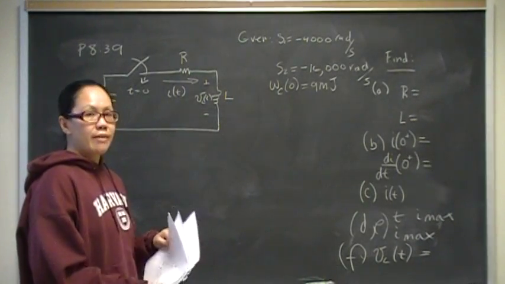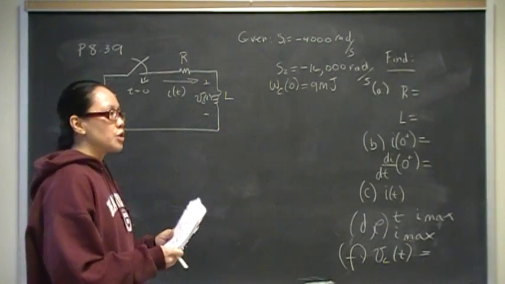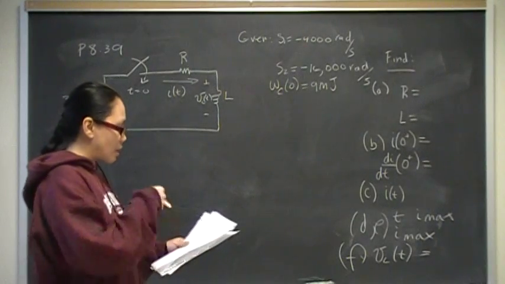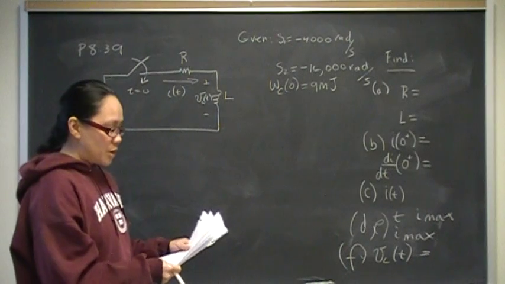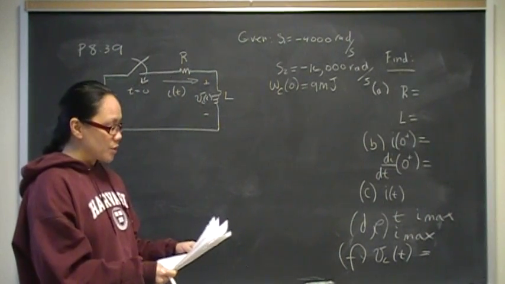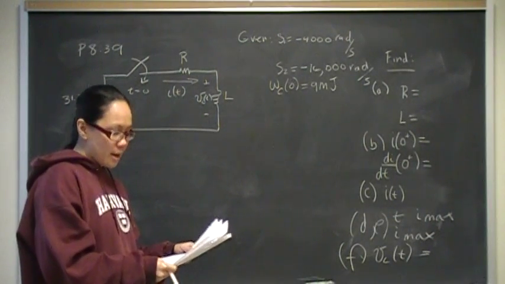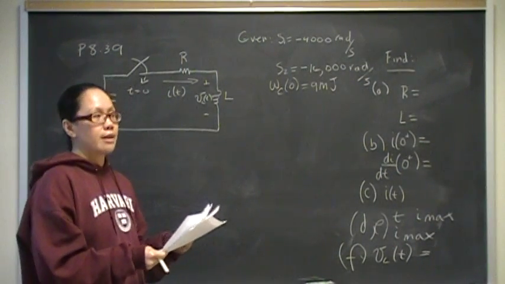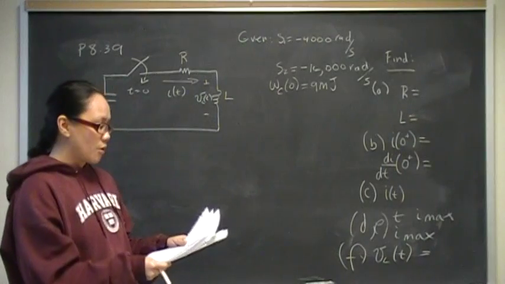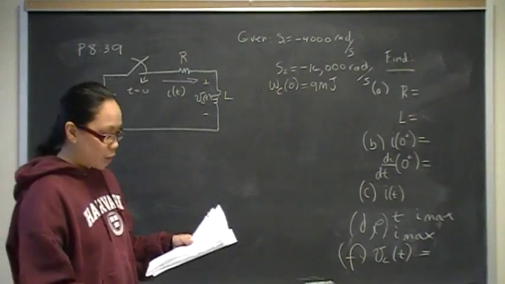There's a nice summary at the end of the chapter where you can find the three that you need. Then you need to know some properties about inductors in order to set up the three equations. Once you set them up, you have enough equations to solve for the unknowns.